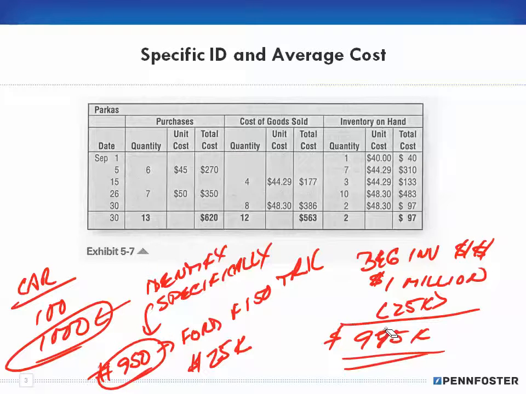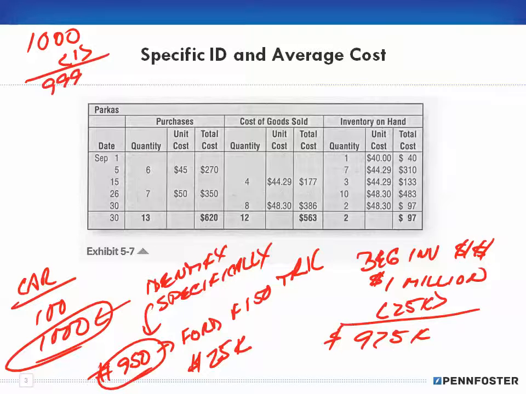And if a truck comes up on my lot and delivers, so if I had 1,000 vehicles here, and I just sold one, I have 999 left. That 1,000 is $1 million, and that one I sold is 25,000.